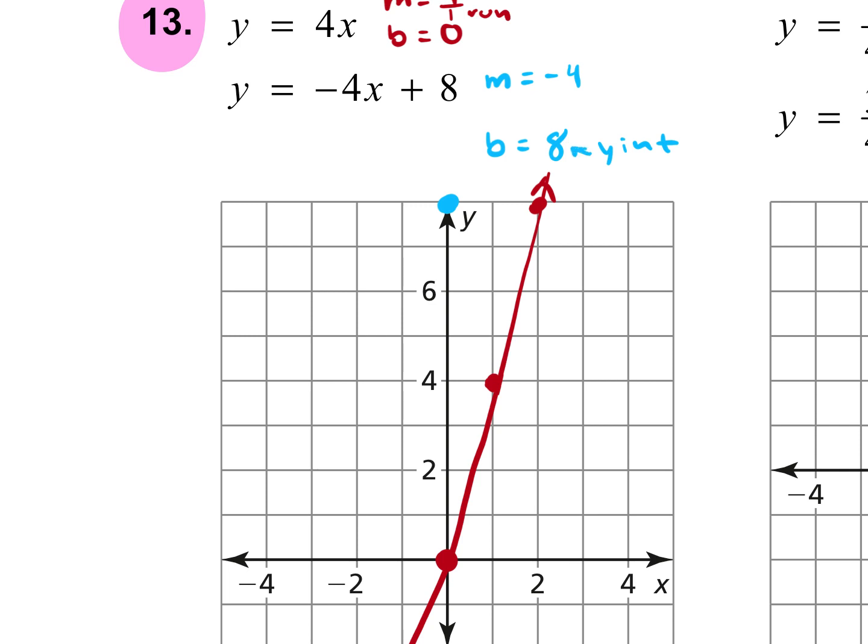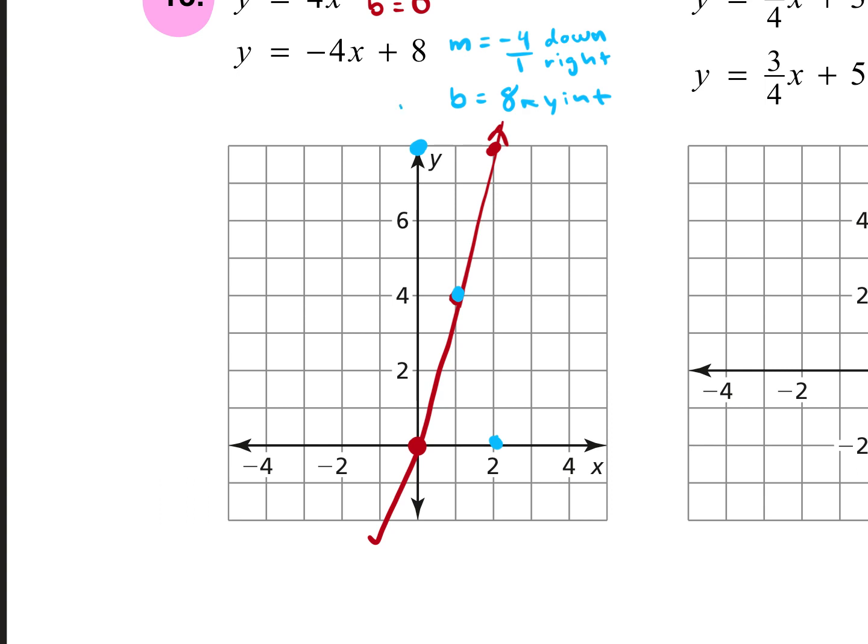Now, how do I do the slope of -4? Go down 4 to the right 1. We always go to the right. The positive or negative just tells us if we go up or down. So we go down 4 to the right 1, down 4 to the right 1. Once we have a couple points, we can connect our dots.